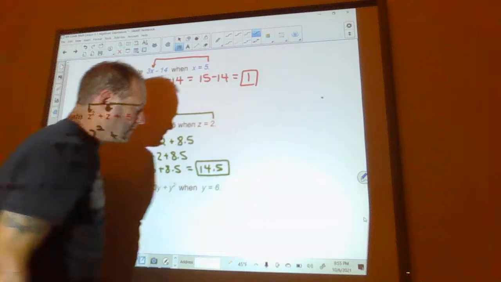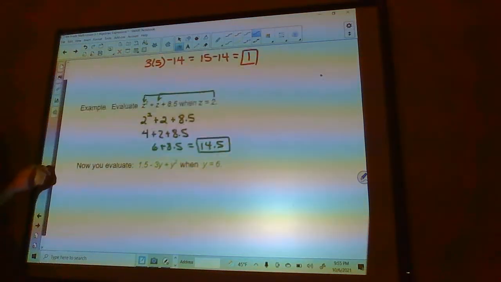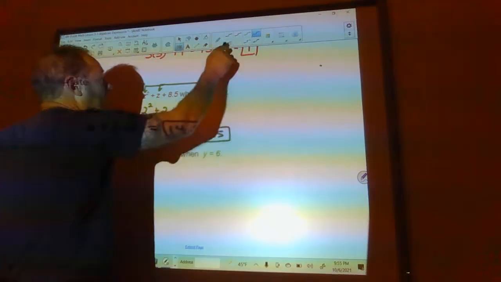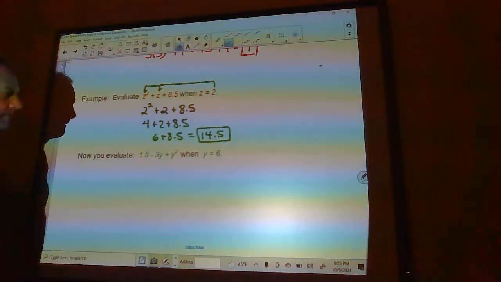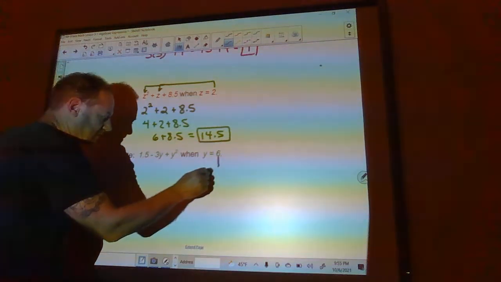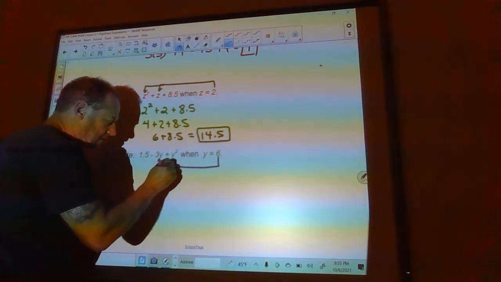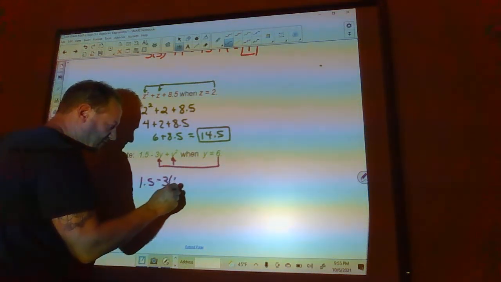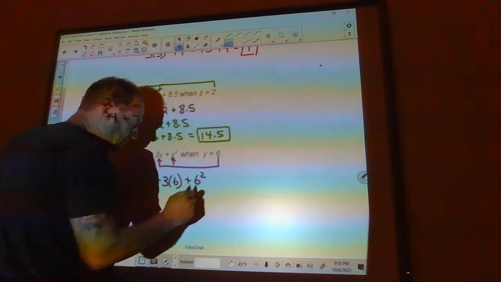There we go. Okay, on this one, I want you to pause the video and go ahead and do this. 1.5 minus 3y plus y squared when y is 6. Okay, so you should have taken 6, substituted it in here and here. So that'd be 1.5 minus 3 times 6 plus 6 squared.